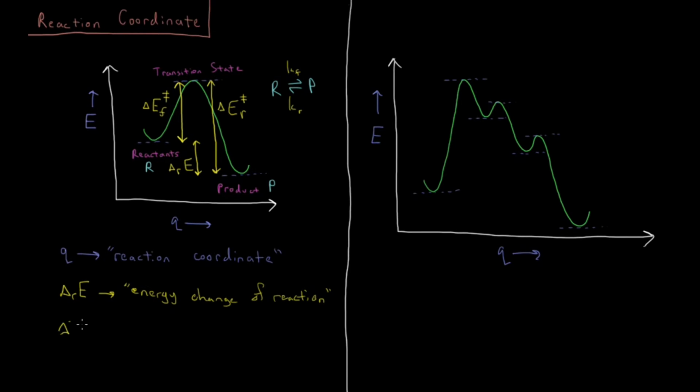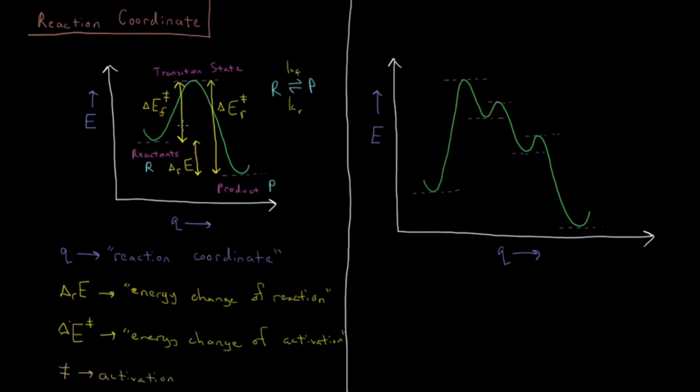You have delta E of activation, which, as I said, comes from the Arrhenius equation and tells us how the reaction rate will change with temperature. Our transition state doesn't exist for any finite amount of time. It's just a fleeting moment as the molecules go from one side to the other. And that double dagger is usually just a symbol indicating activation or transition states.